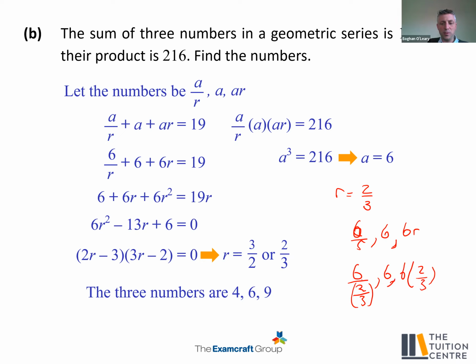And when you divide 6 by 2/3, you're going to get 9. Then you're going to have 6, and when you multiply 6 by 2/3, you're going to get 4. So you get 9, 6, 4. And the other way around, if you say r is equal to 3 over 2, you get the sequence 4, 6, 9. So my three numbers are 4, 6, and 9, and my answer is worth 10 marks. So we're up to 15 marks.